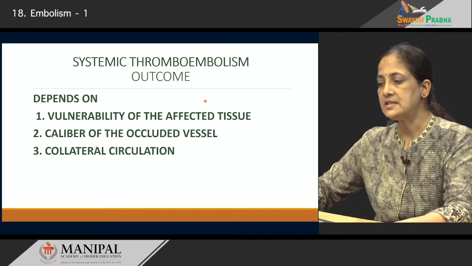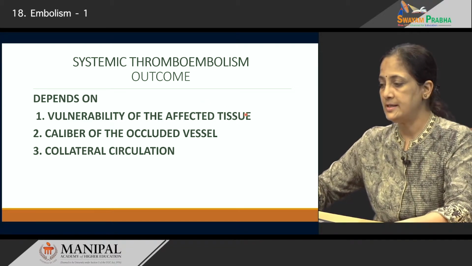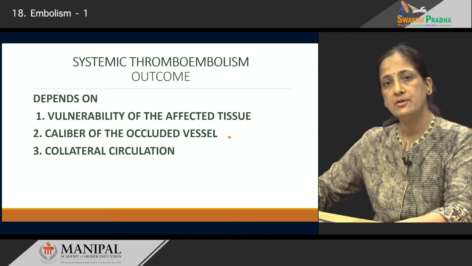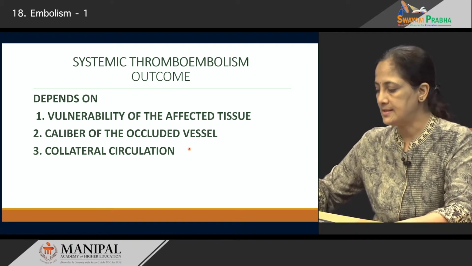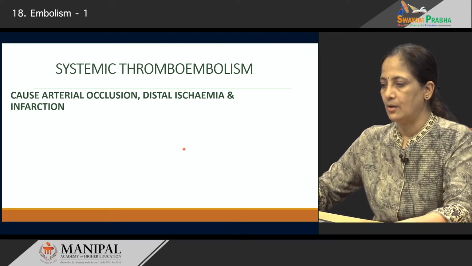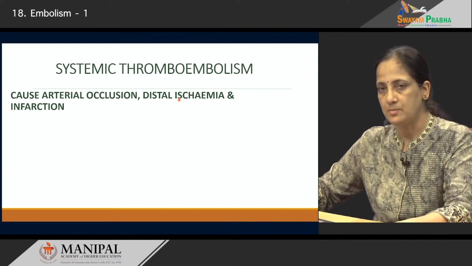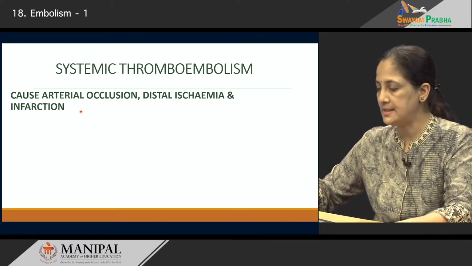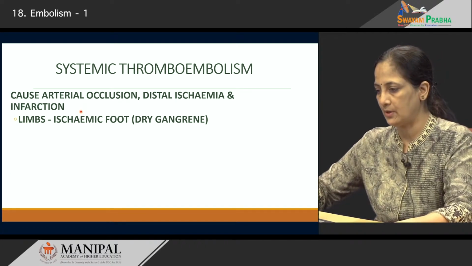The outcome of systemic thromboembolism depends on the vulnerability of the tissue that is affected, the caliber of the occluded vessels, and also the collateral circulation in that tissue. They cause arterial occlusion with distal ischemia if the occlusion is partial, or infarction if the occlusion is complete, thereby cutting off the oxygen supply to that tissue.